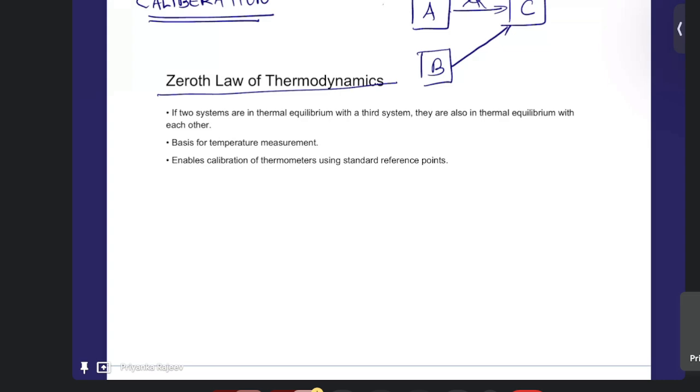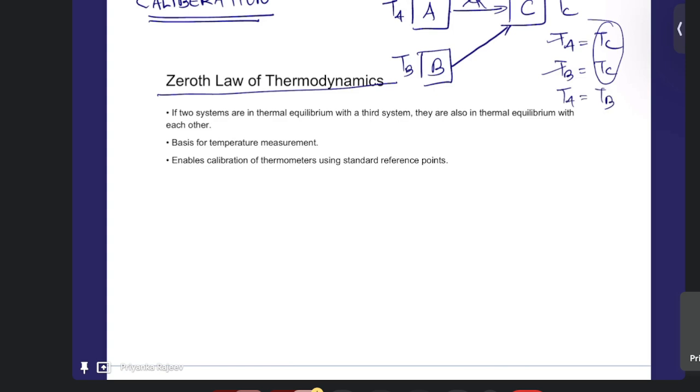So if we have TA, TC and TB: if A and C are in thermal equilibrium, TA equals TC. If B and C are in thermal equilibrium, TB equals TC. So by the zeroth law of thermodynamics, if A and B are in thermal equilibrium with the third system, then they are also in thermal equilibrium with each other.